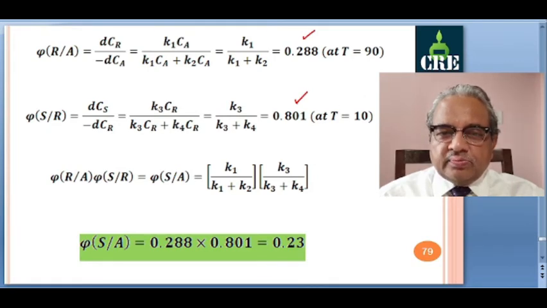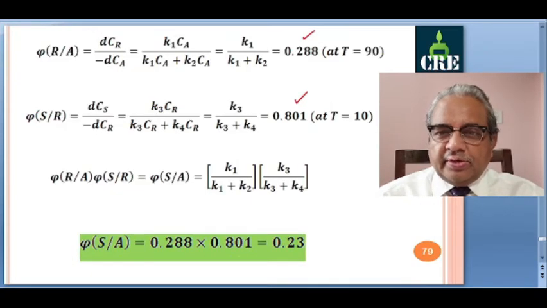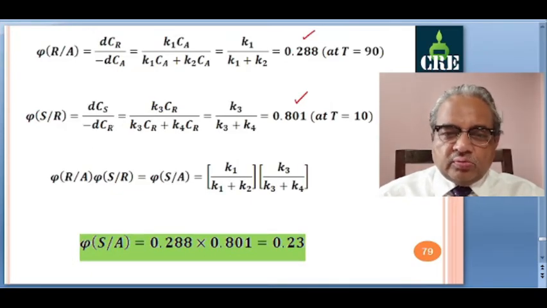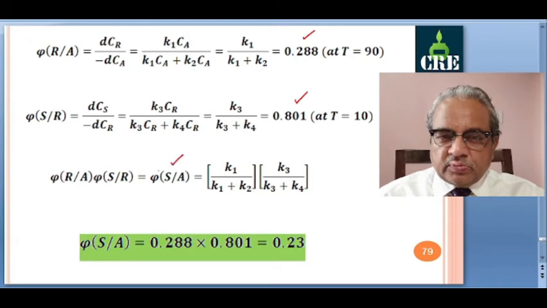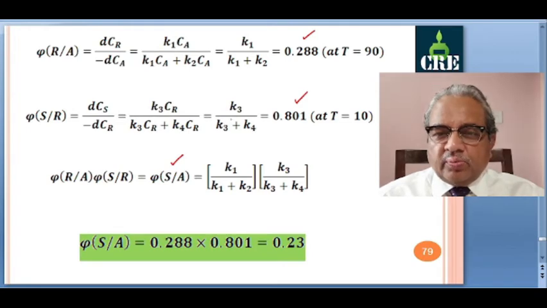So the second set of parallel reactions we are operating at 10 degrees in the second reactor, and the first one at 90. So these values we have found out. We want the instantaneous fractional yield of S. So to obtain S by A, if we multiply these two, S by R and R by A, R cancels out and we get S by A. So we have to take the product of these two.